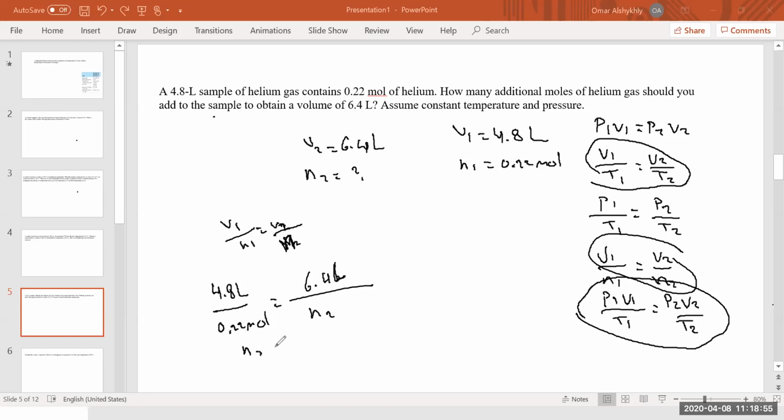Now N2 will equal 6.4 liter times 0.22 mole divided by 4.8 liter. Cancel this liter with this liter. Do the math and we will get here 6.4 times 0.22 divided by 4.8.